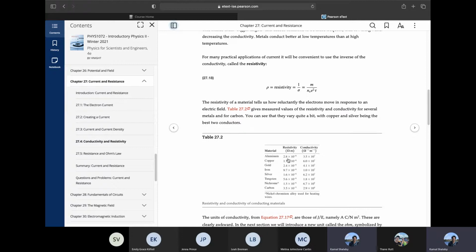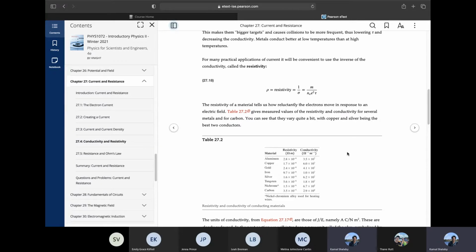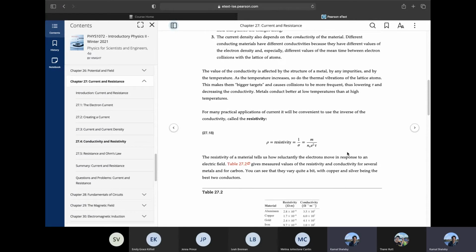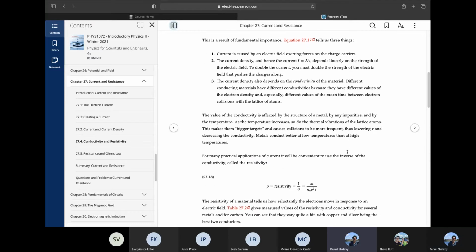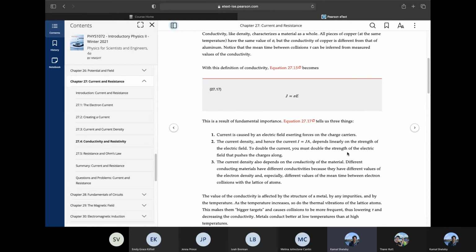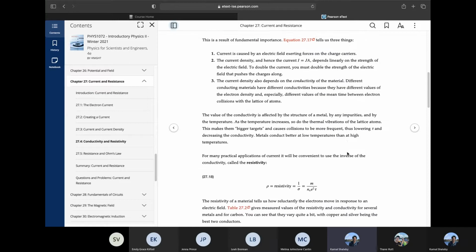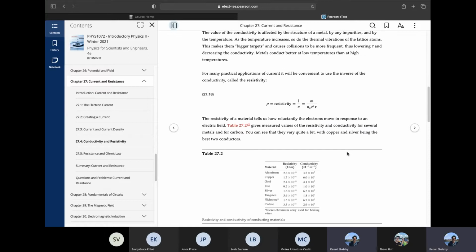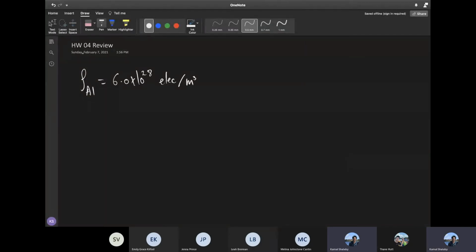Okay, so we have resistivity and the conductivity of aluminum. That's nice. Okay, well, just write that then.